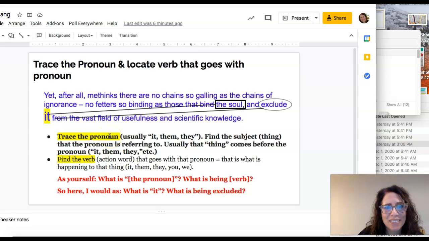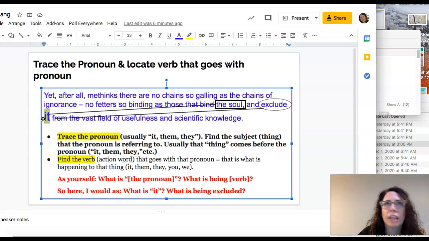If I see it right here, again, like gold, you've got to find those pronouns and not overlook them. Trace it back to what it is. I see that it, go back, what's the first noun, the first thing before the it? It is the soul. And then I'm going to find the verb.